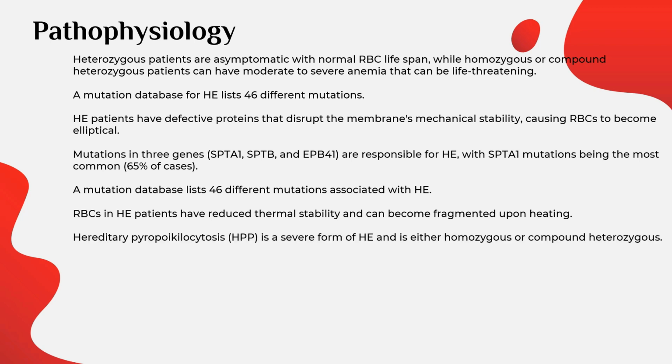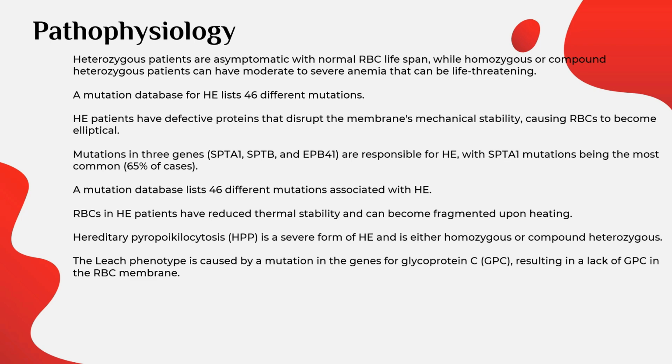Hereditary pyropoikilocytosis (HPP) is a severe form of hereditary elliptocytosis and is either homozygous or compound heterozygous. The Leach phenotype is caused by a mutation in the gene for glycoprotein C, GPC, resulting in a lack of GPC in the RBC membrane. The absence of GPC causes Gerbich antigens to be absent as well.